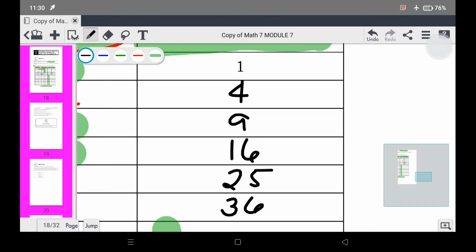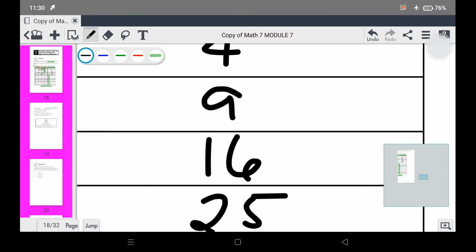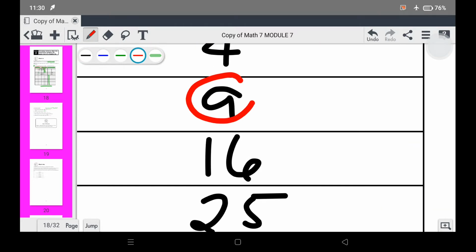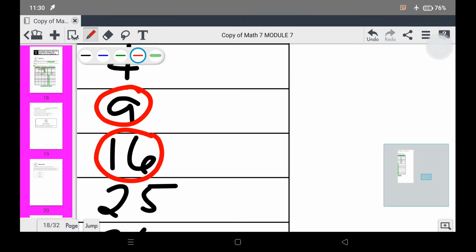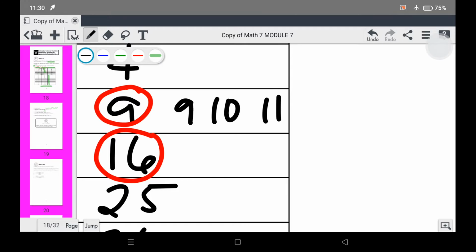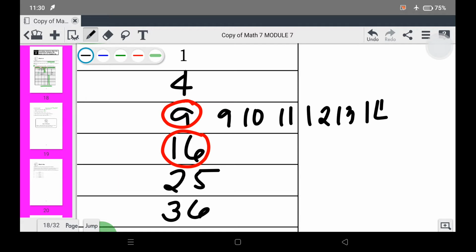As we can see here, 12 is between 9 and 16. How can I say so? Of course, you can count: 9, 10, 11, 12, 13, 14, 15, and 16.